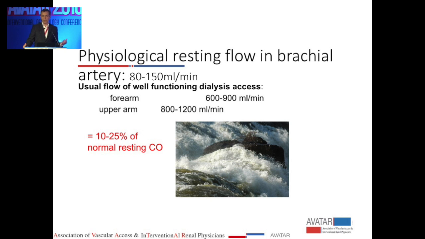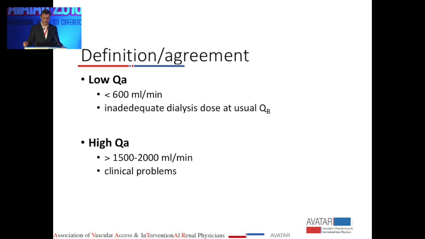So this is why it must have some influence on the heart and on the systemic hemodynamics, but also on the local hemodynamics. If we speak about high flow vascular access, we should first define what's high flow and what's low flow. There is no strict definition.